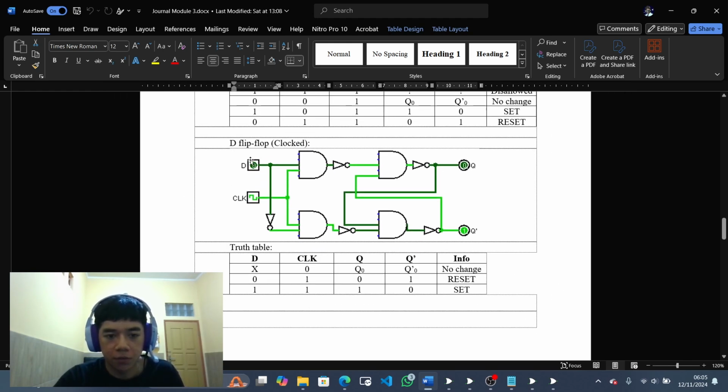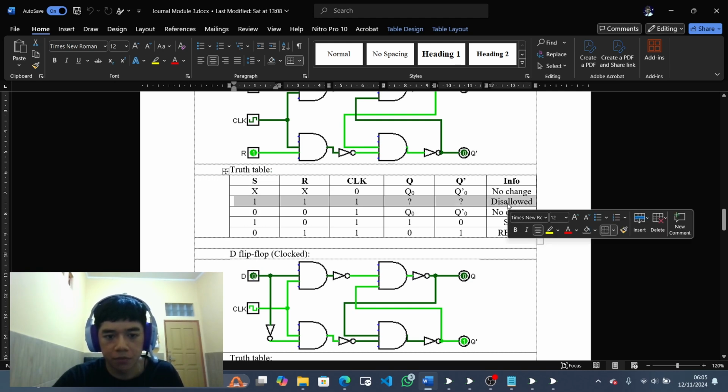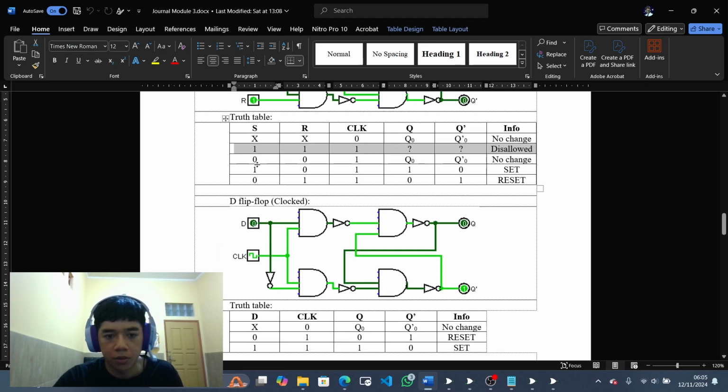This is straightforward because it doesn't allow for these kinds of things to happen, these will not happen.